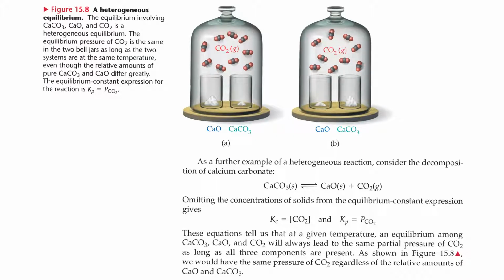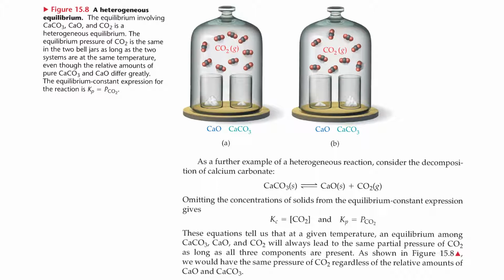As a further example of a heterogeneous reaction, consider the decomposition of calcium carbonate. Solid calcium carbonate produces solid calcium oxide and carbon dioxide gas. Omitting the concentrations of solids from the equilibrium constant expression gives: K sub C is equal to the concentration of carbon dioxide gas, and K sub P, the pressure constant, equals the partial pressure of carbon dioxide gas.